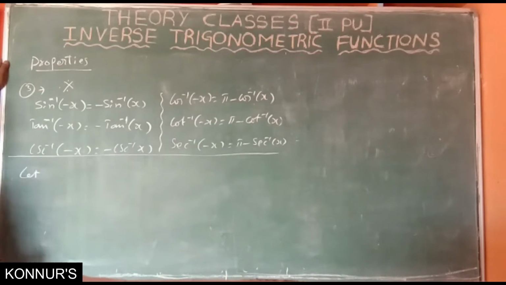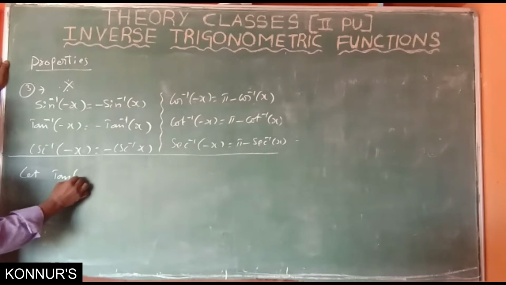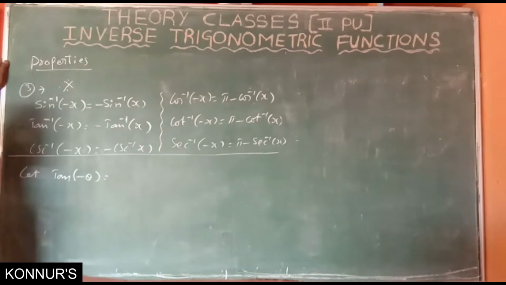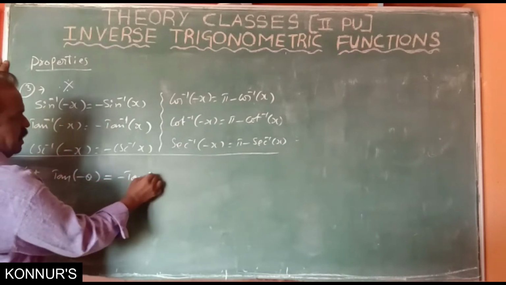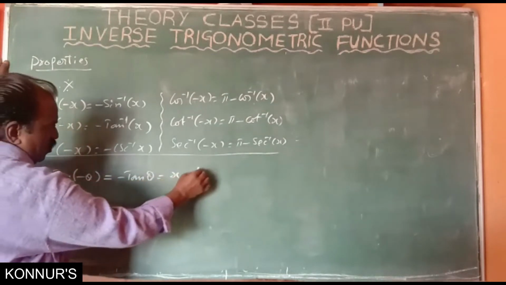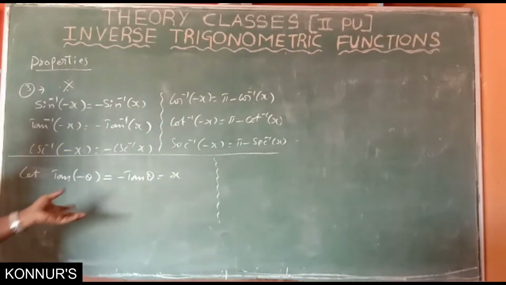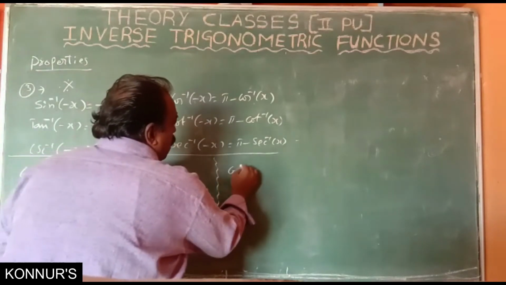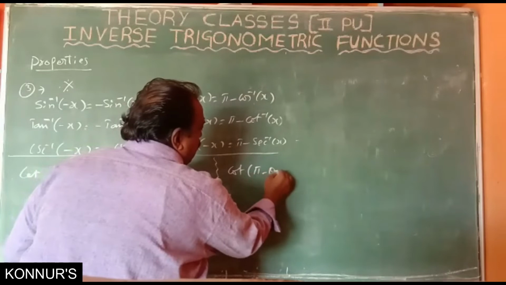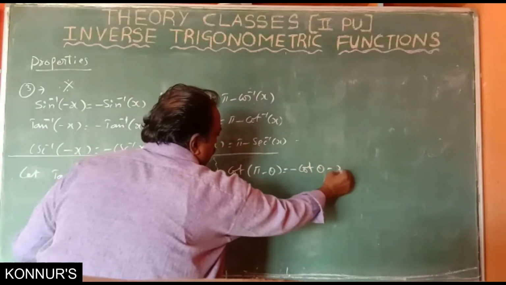Let tan of minus theta is equal to minus tan theta is equal to x. Okay? Side by side I am taking cot of pi minus theta is minus cot theta is equal to x.